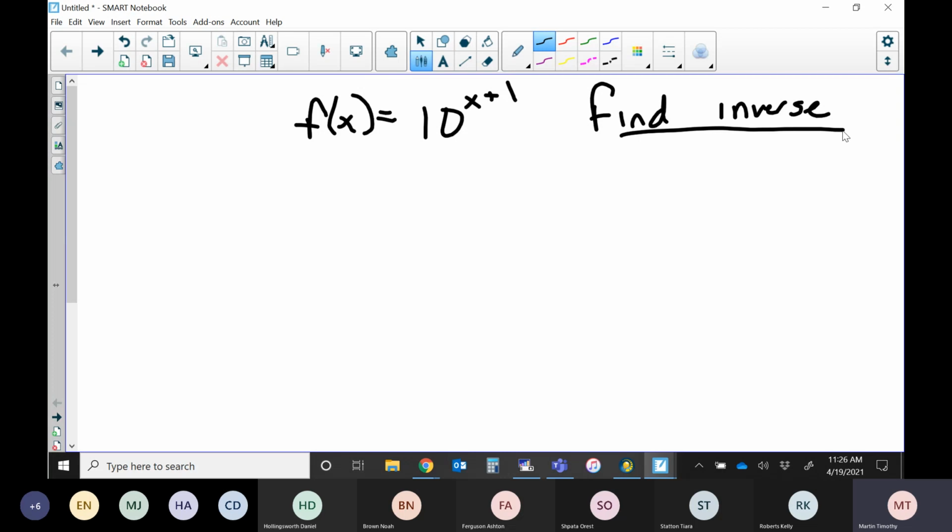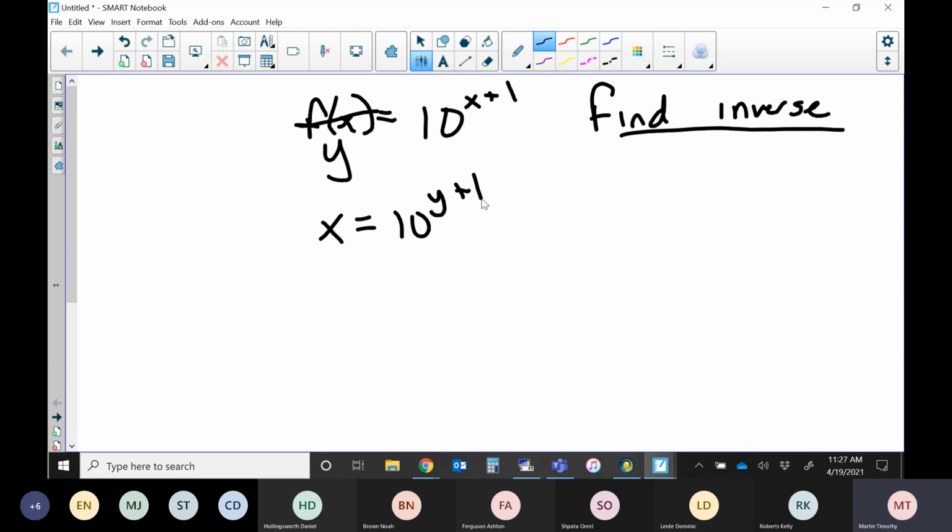Come on, guys. We just talked about it at the beginning. Dominic, what does it mean to find the inverse? Swap the x and y. So first I'm going to make this become a y. And then, perfect, like you said, this is going to become x equals 10 to the y plus 1 power.